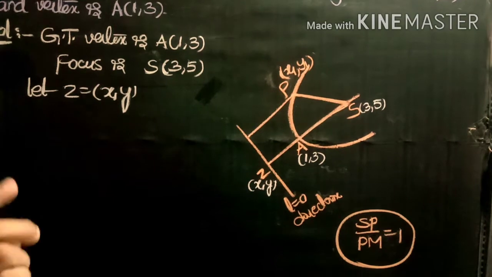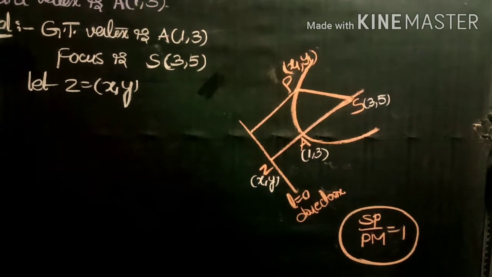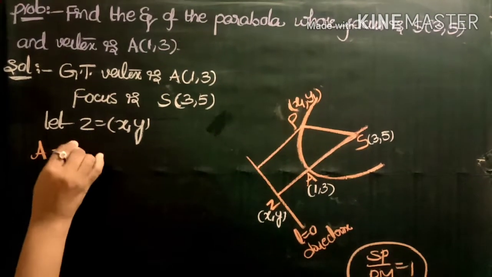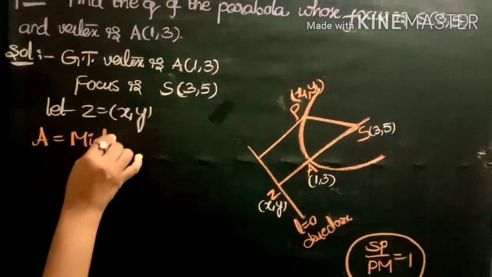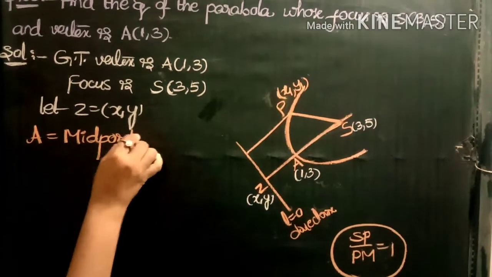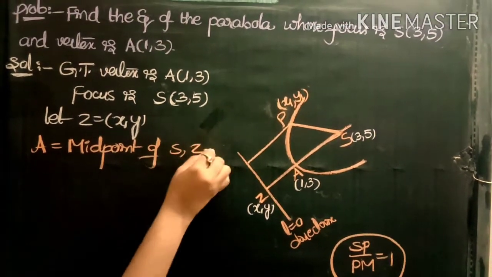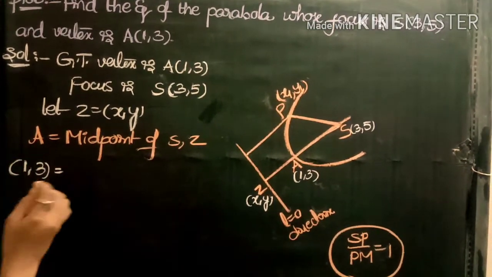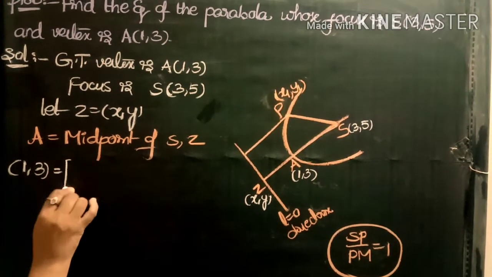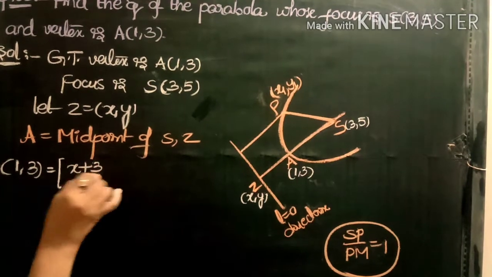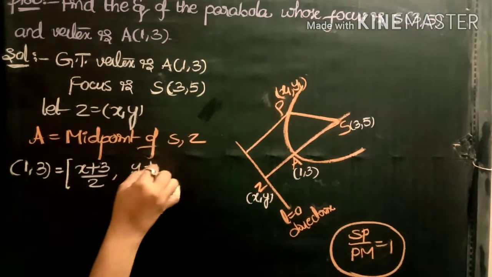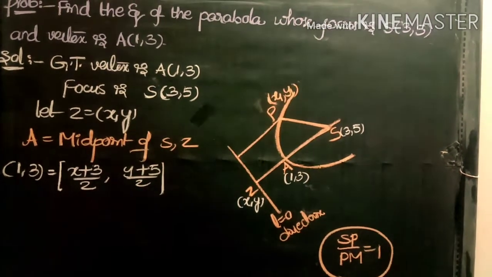Clearly from the diagram we have that A is the midpoint of S comma Z, that is (1, 3) is equal to ((x plus 3) by 2, (y plus 5) by 2), using x1 plus x2 by 2, y1 plus y2 by 2.